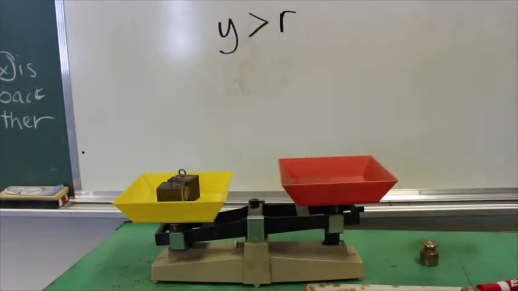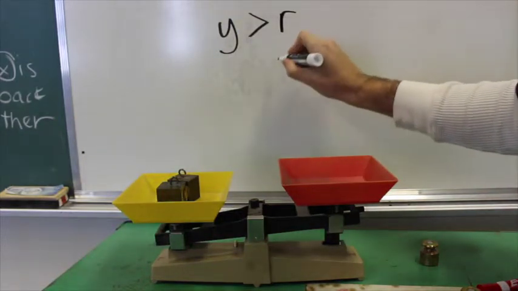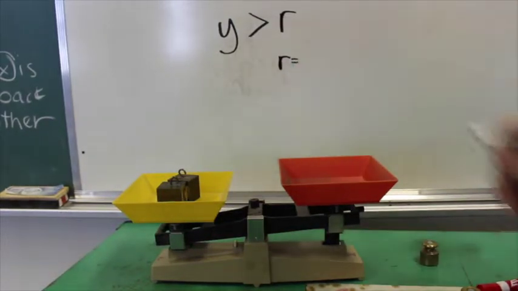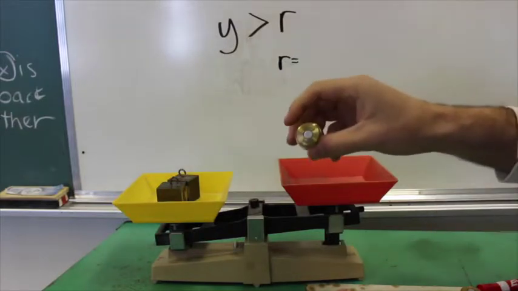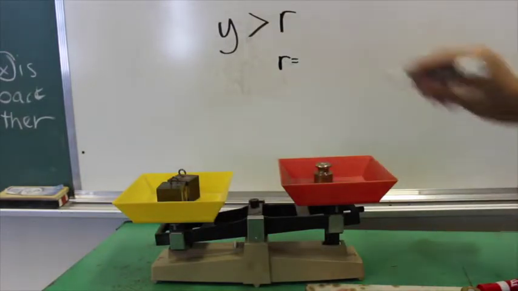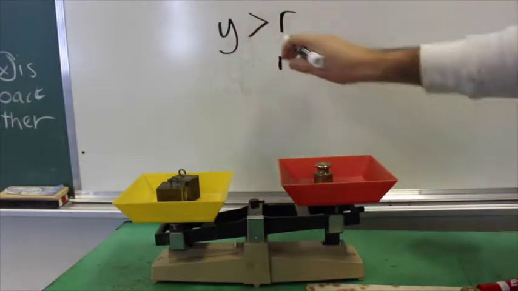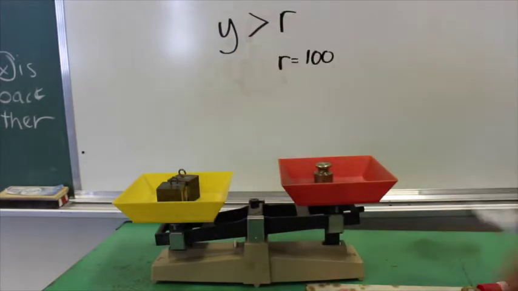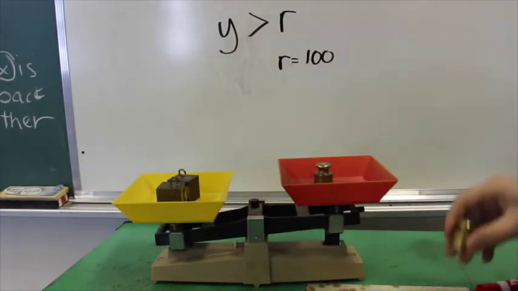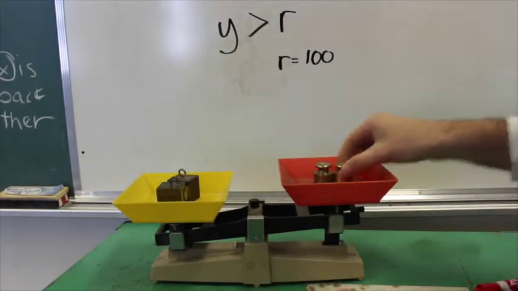Is there one answer that satisfies this? Well, let's see. Let's find some values for r. How about 100 grams? It could be 100 grams, and this works. The right is still less than the yellow. What about 200 grams?